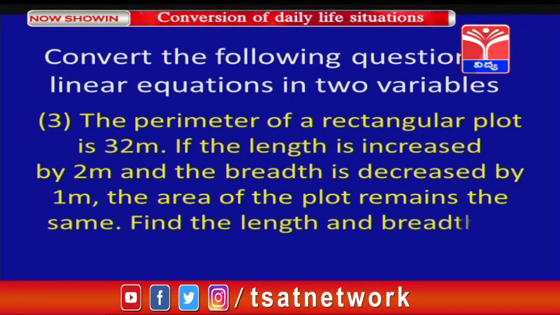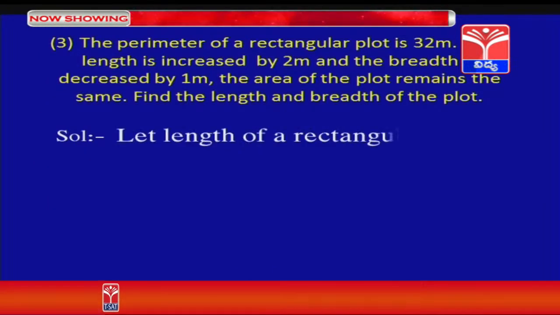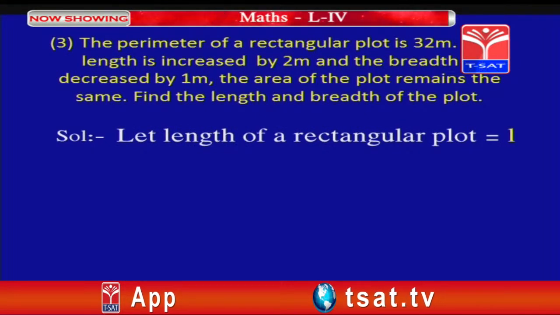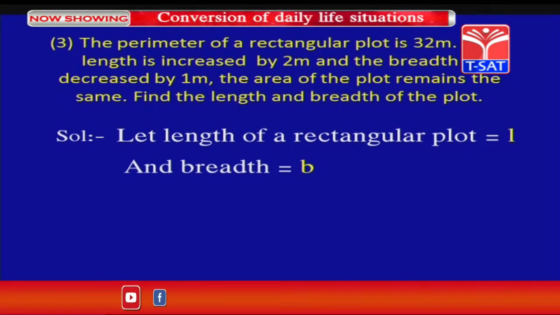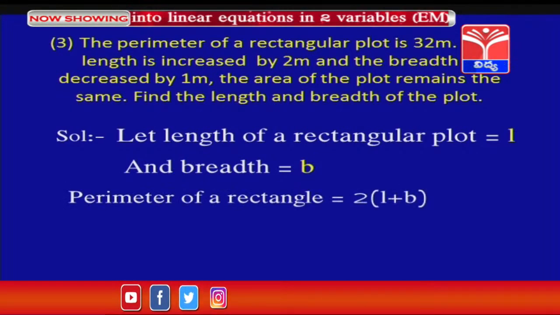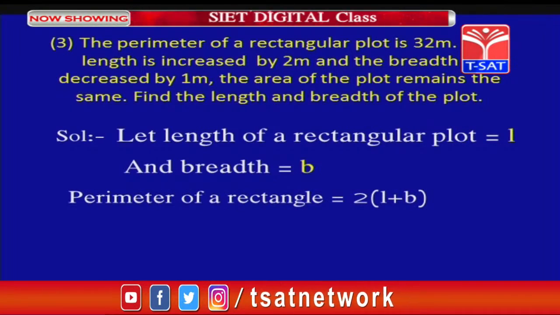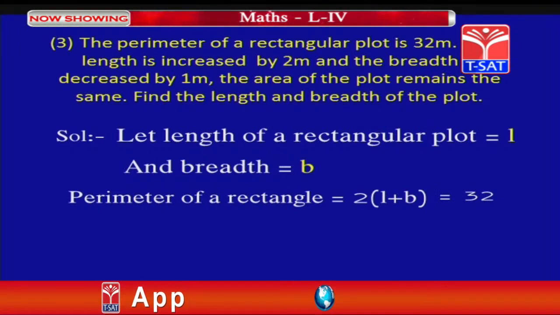Find the length and breadth of the plot. Solution: let the length of the rectangular plot be L and its breadth be B. Perimeter of a rectangle, the formula is 2 into L plus B, and it is given in the question as 32.